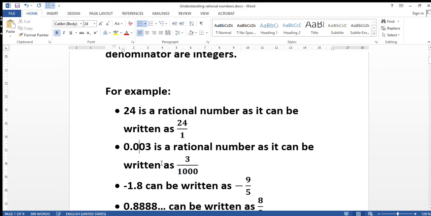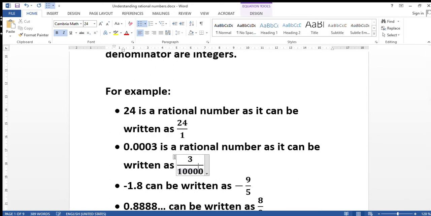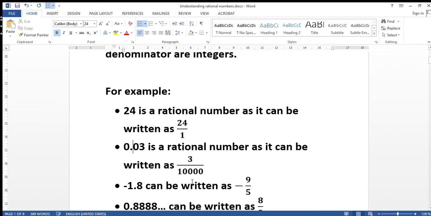We can also write another 0: again count 1, 2, 3, 4, so add zeros, this must be 4 zeros. But this time this is 0.03, so we'll just do it as 100. So we have 3 over 100.